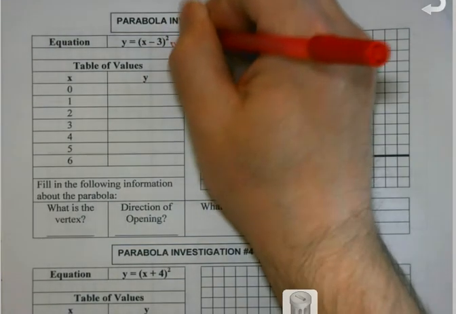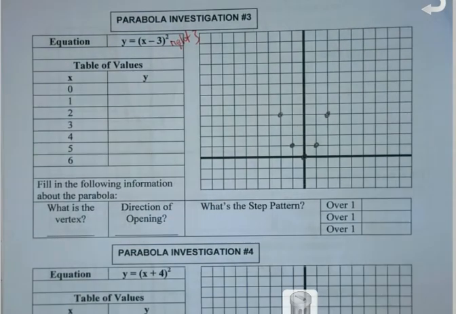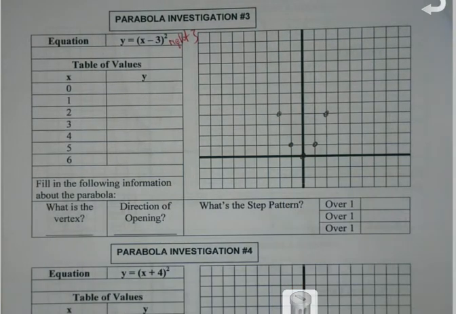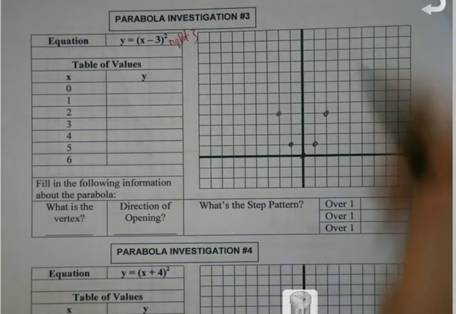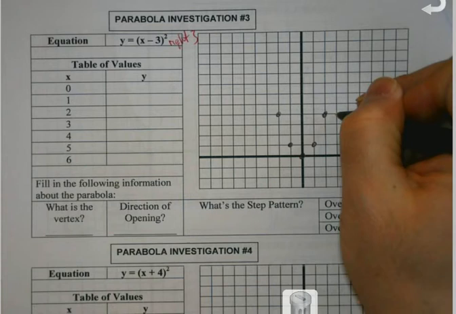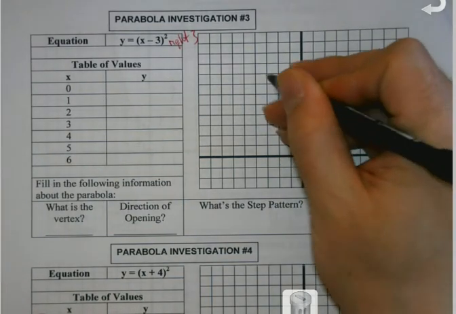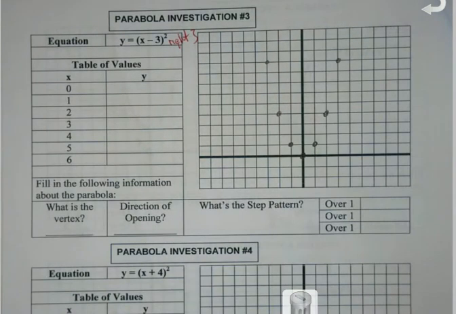It's right. So I'm going to take my values, and like I said, if you just want to do the first 5, that's okay. If you still want to do all of them, and you want to do the last one where you go over 1 and up 5, that's okay. And we're just going to move them all right 3.